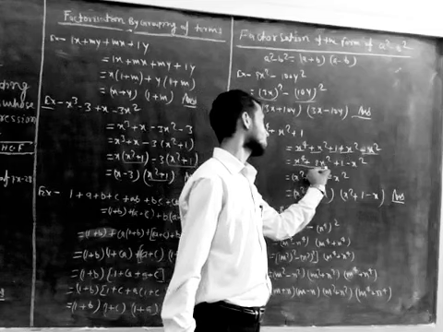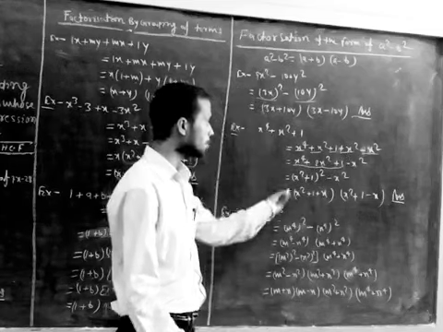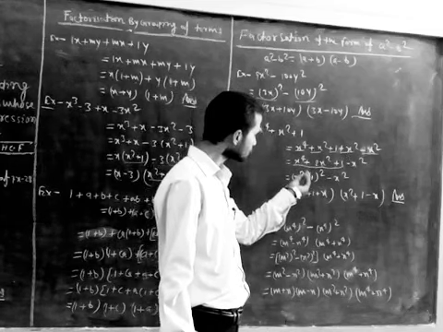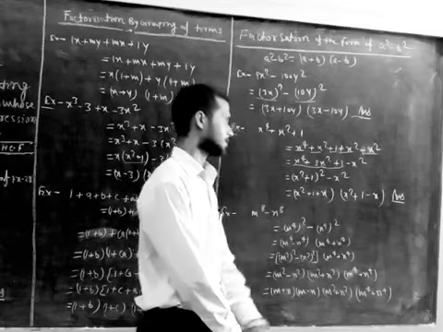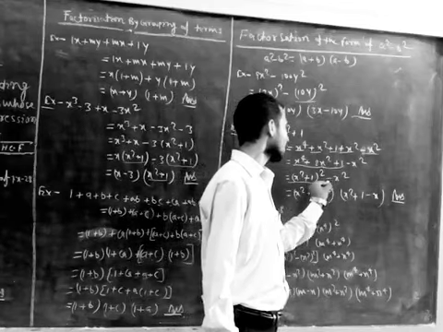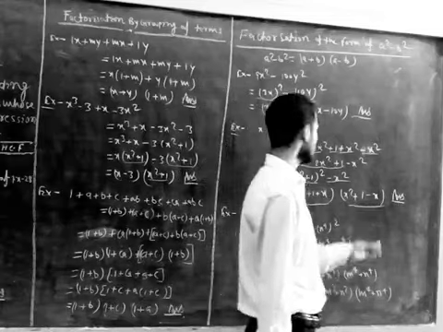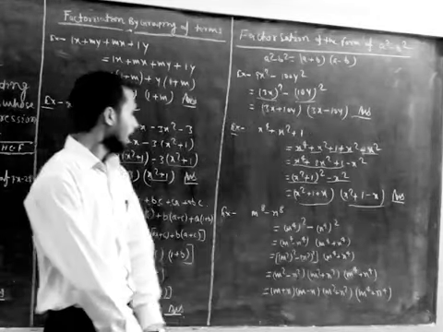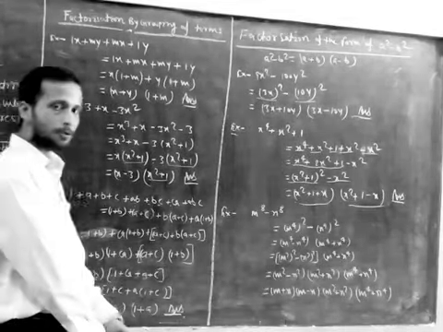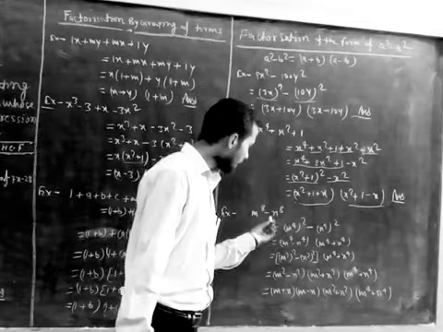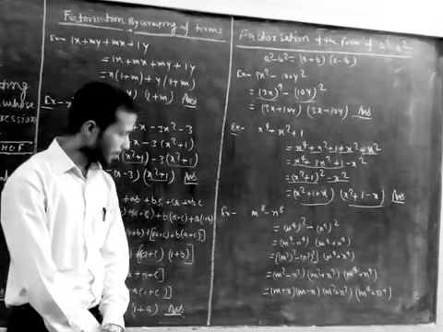And this x to the power 4 plus 2x square plus 1 is the whole square of (x square plus 1), minus x square. And this is a square minus b square, (a plus b)(a minus b). This is the result.